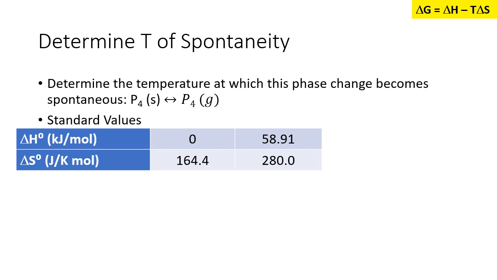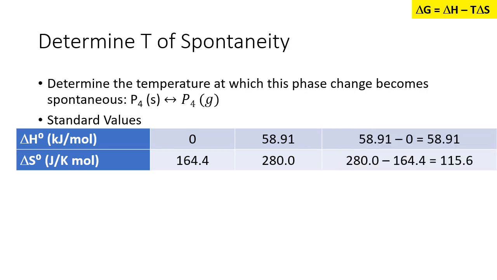But first we need to figure out the delta H and the delta S, so we're going to do final minus initial. When we do that, we get 58.91 kilojoules per mole for delta H and 115.6 for delta S. So this is an endothermic reaction that is increasing the entropy of the system.